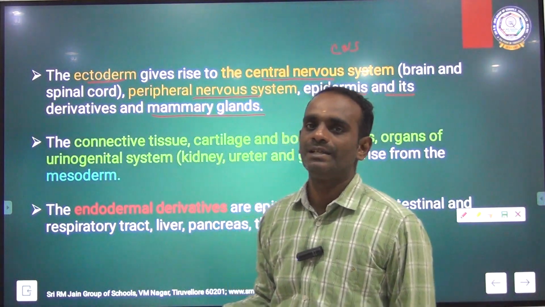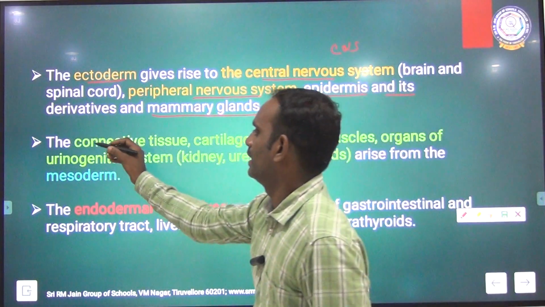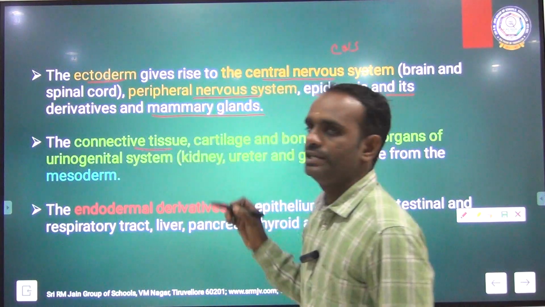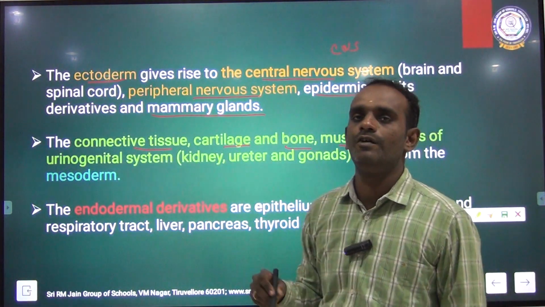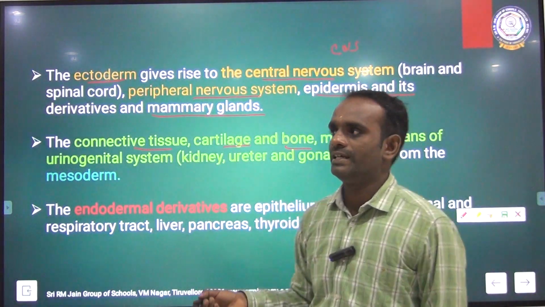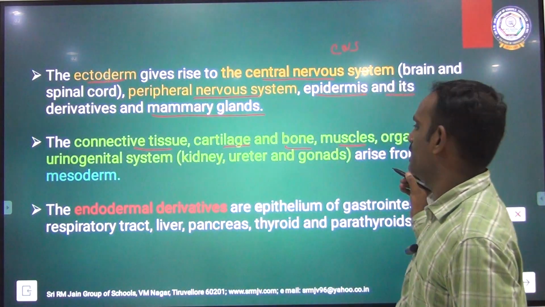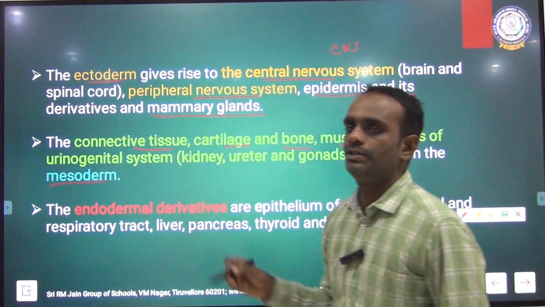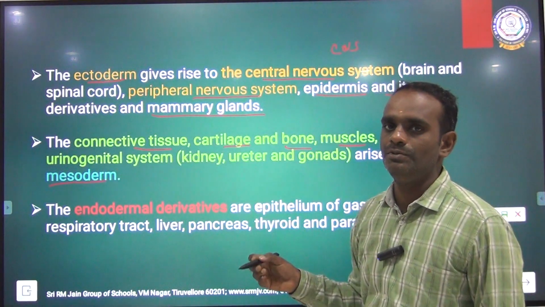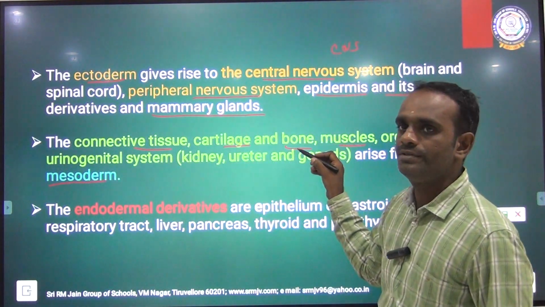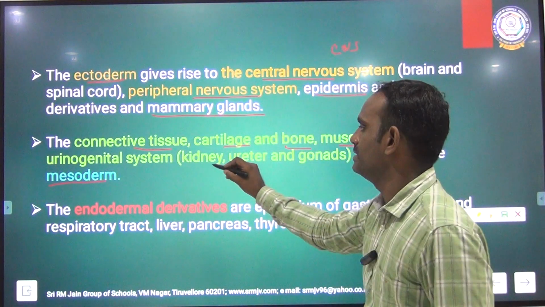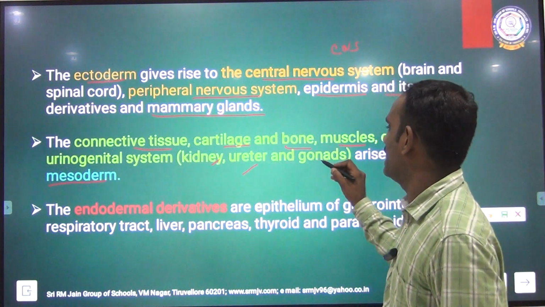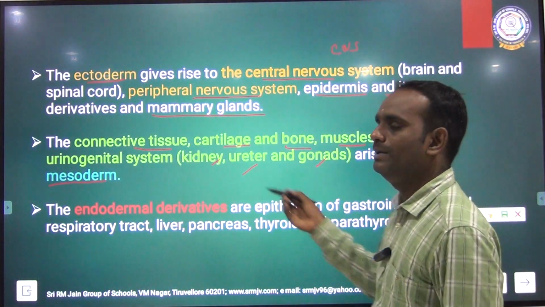The second germ layer forms the connective tissue, cartilage, bones, muscles and organs of urogenital system. So, second germ layer is nothing but mesoderm. The mesoderm gives rise to connective tissue, cartilages, bones, muscles and urogenital system, that is kidney, ureter and gonads arise from the mesoderm.